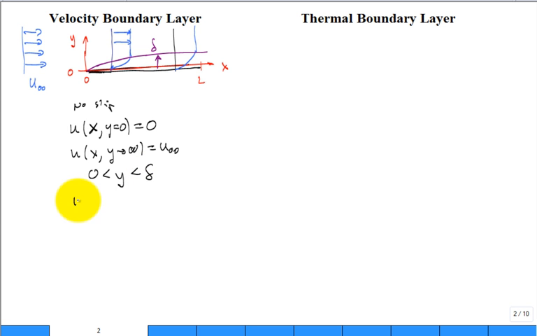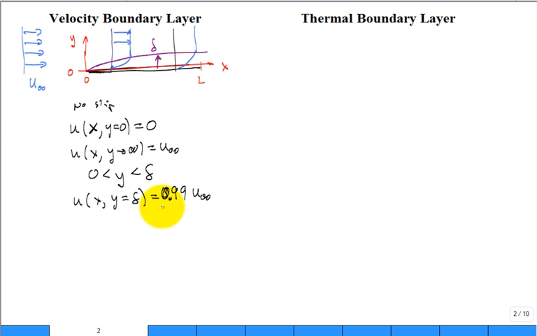So u at any location x, at y equal to delta, is, and I'm very thankful for this, consistently defined in many, many books throughout the literature as being 99%, 0.99, of the free stream. If you go out far enough, it'll get to u infinity.